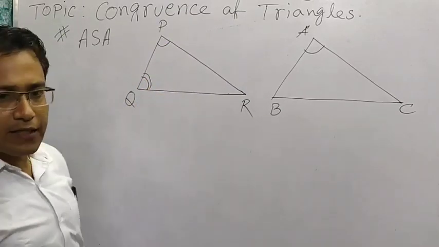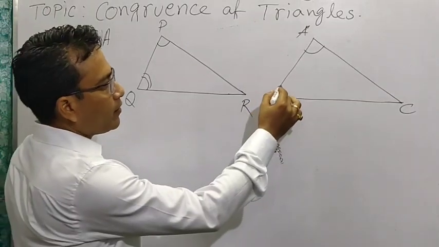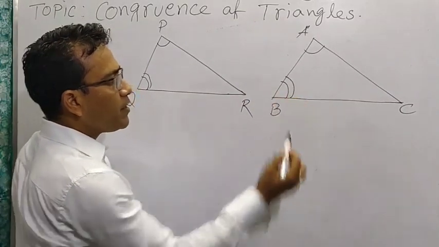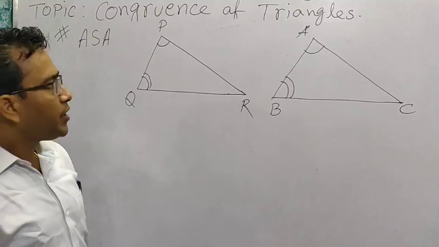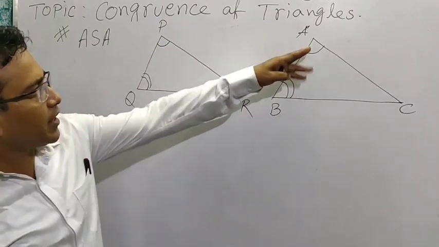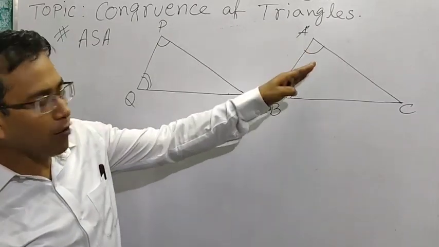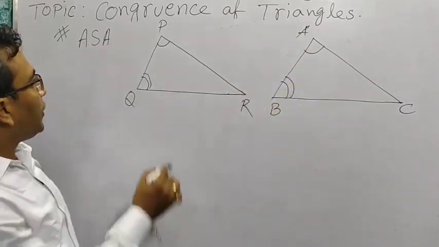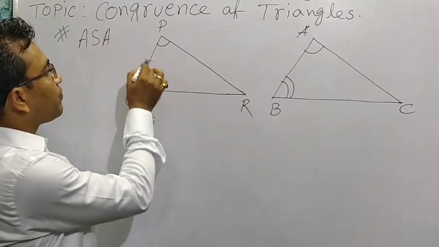Say I am giving double lines, and here angle ABC. These are the two angles of this triangle, and these are the two corresponding angles of this triangle. Now the included side is this.